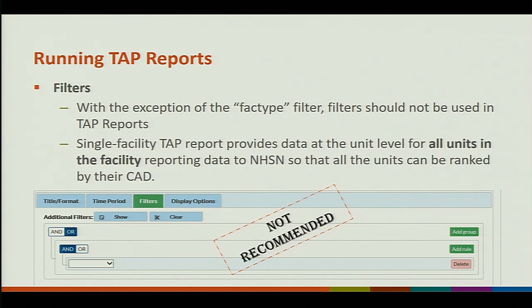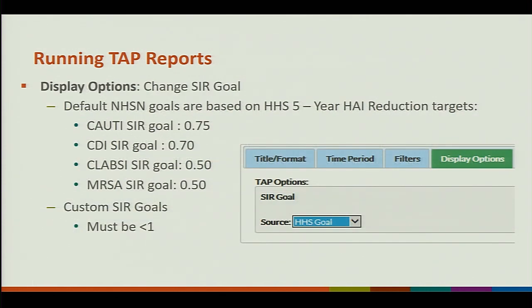We want to see where you're having more success versus the locations that could use the extra preventive help. So we don't want to filter out any of our locations because we want to see where they lie when we look at the entirety of the TAP report. Okay.